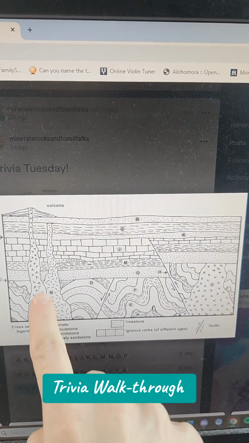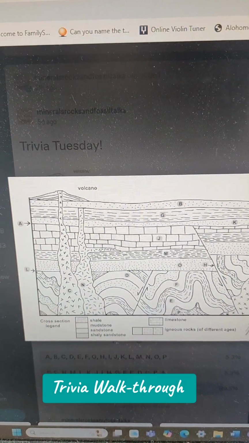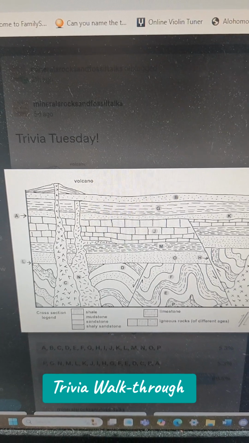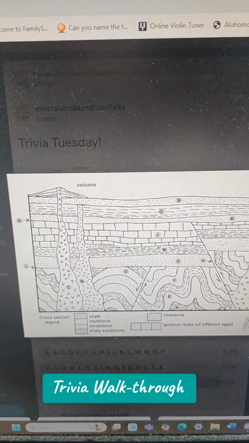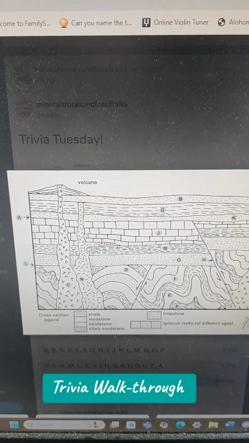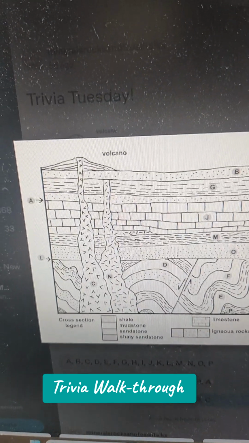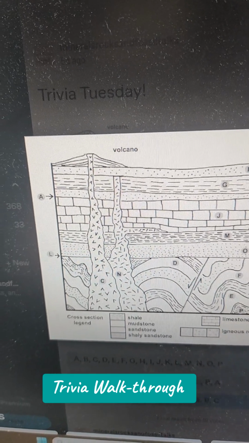And then lastly, we have C, which is our current volcano, whether that's an active or a dormant volcano. So, judging by the fact that it has a little cone there, I would say dormant or even extinct, because it's not an actively moving Pluton here, it's hardened.